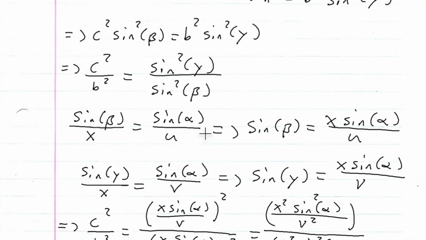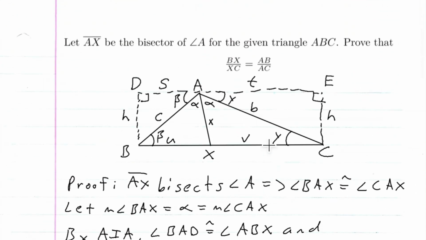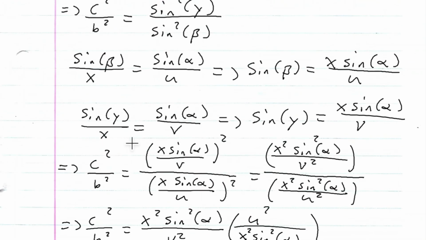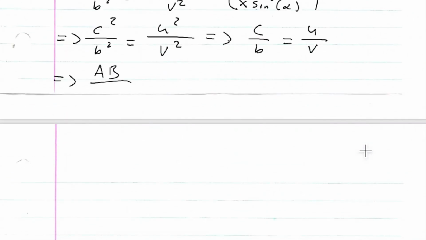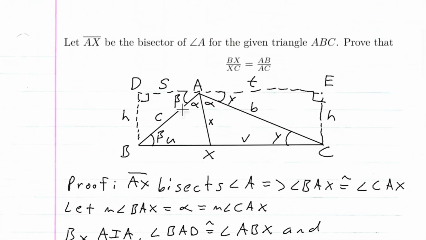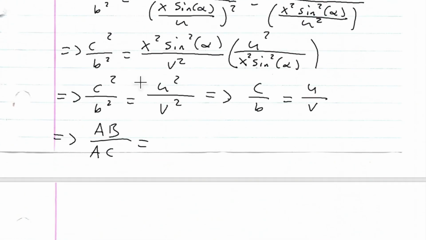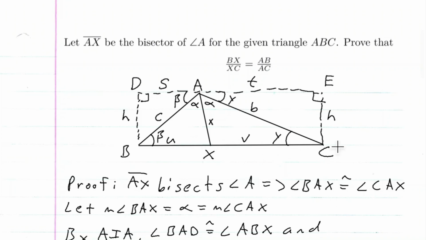So now I know c is the same thing as AB. So this implies that AB over, and remember b is the same thing as AC, is equal to u. u is the same thing as BX over, and v is the same thing as XC.